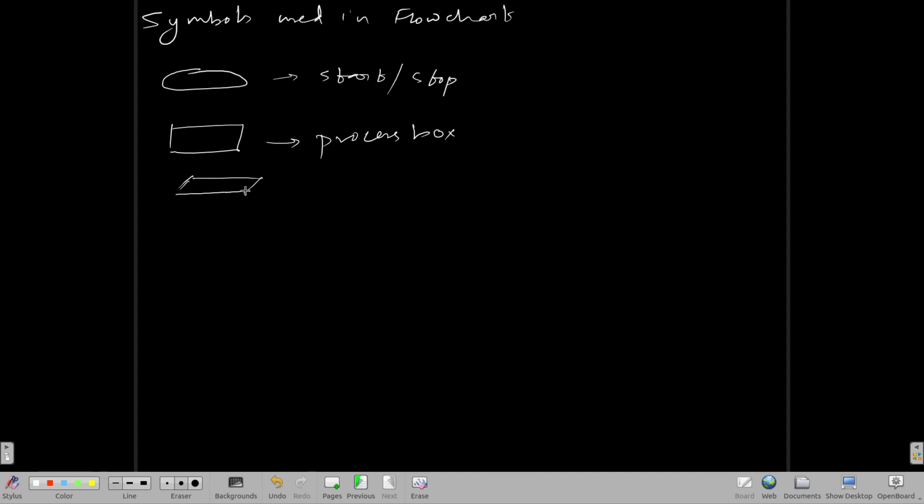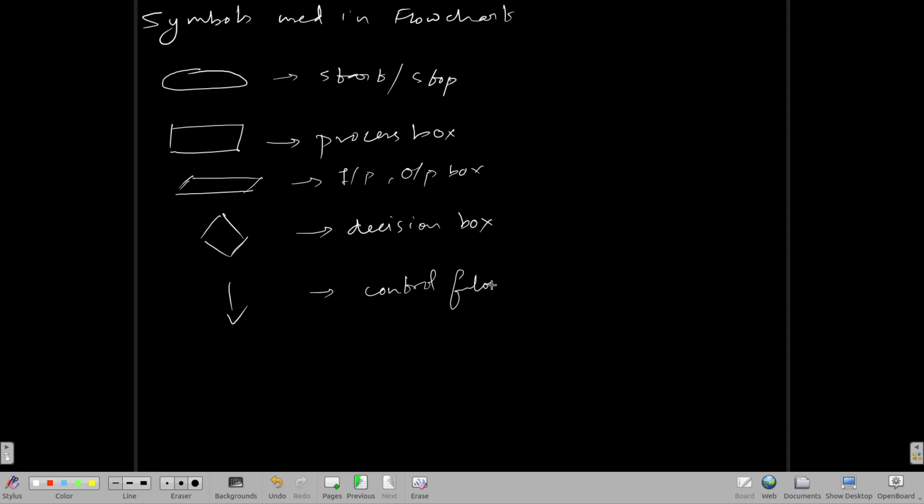A parallelogram is an input or output box. A diamond is a decision box. Arrow, right, it shows the control flow. Control flow means from which point to which point the program is executing, right?